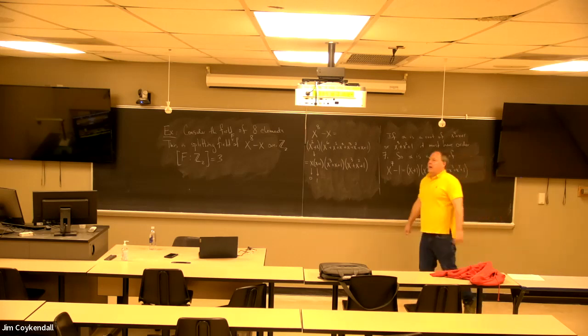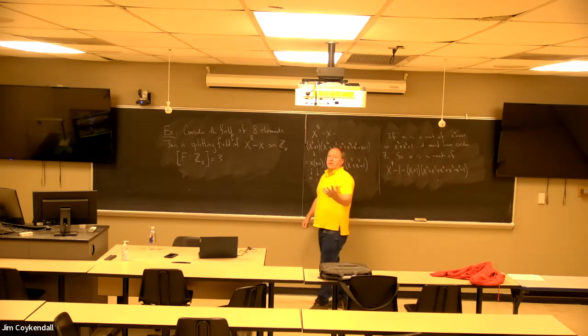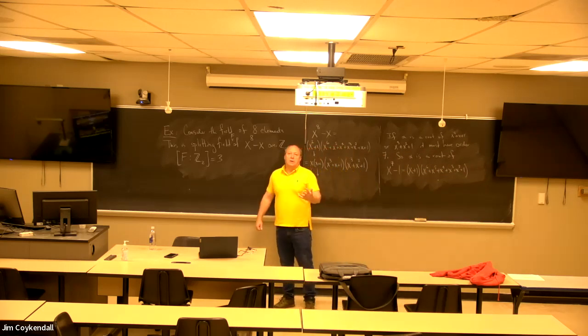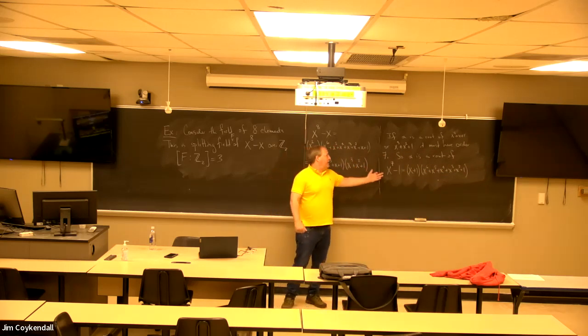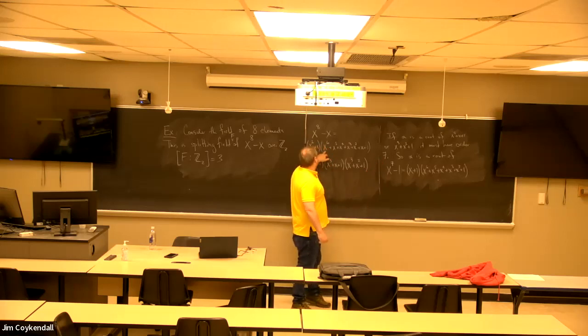Now, of course, if you had something like the field of 16 elements, you can do a similar thing, but it'll be a little bit more complicated. This is a polynomial over Z2, x to the 7th minus 1.